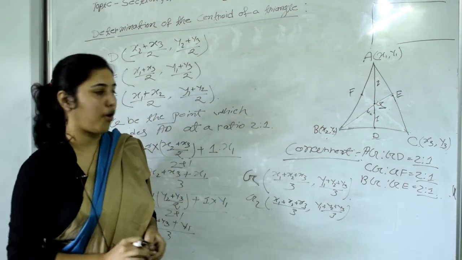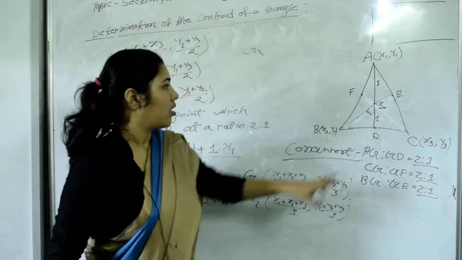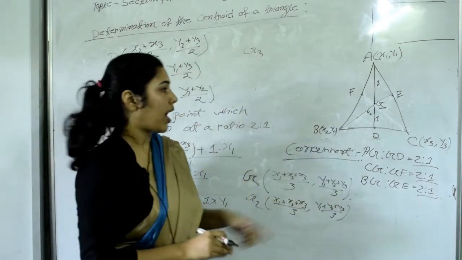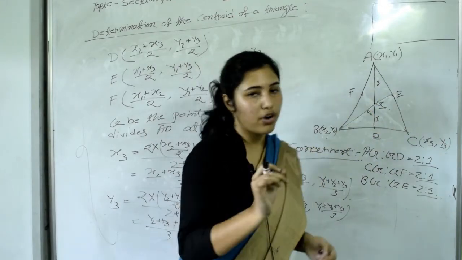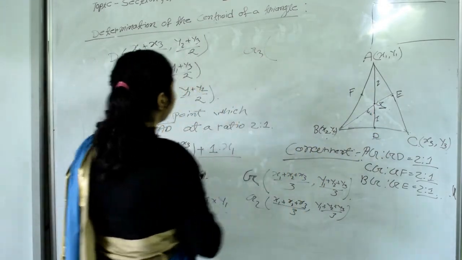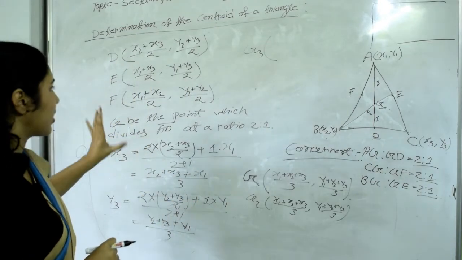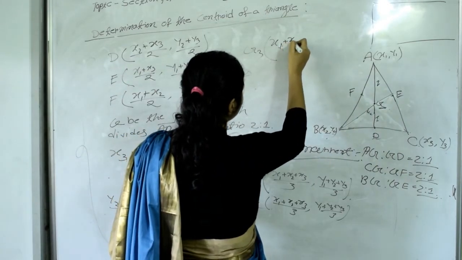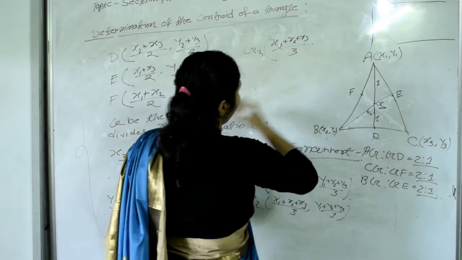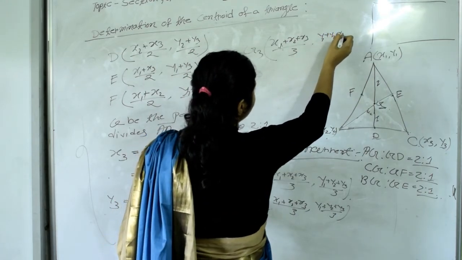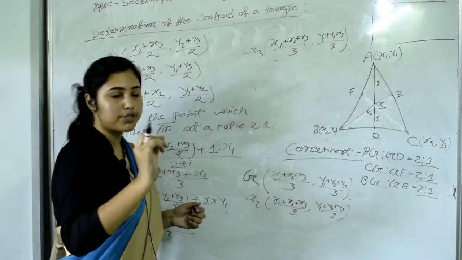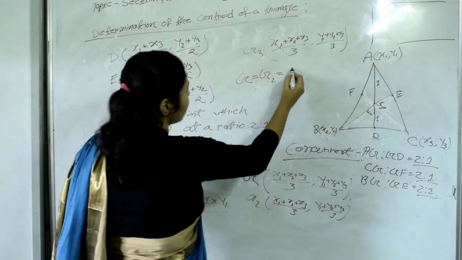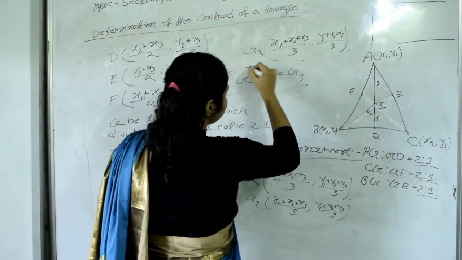Again if we consider a point G3 between C and F, which divides the line segment CF at a ratio 2:1 internally, then again we can calculate by the similar way that the coordinate of the point G3 is x1 plus x2 plus x3 by 3 and y1 plus y2 plus y3 by 3, which means G equals to G2 equals to G3, right?